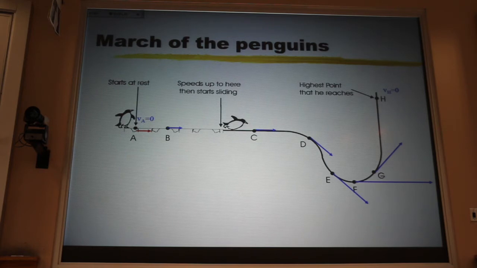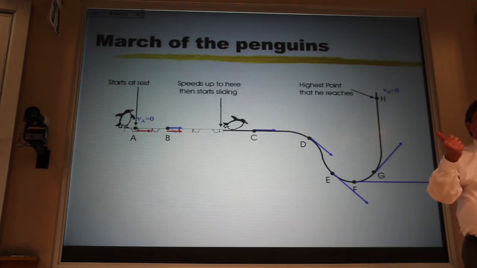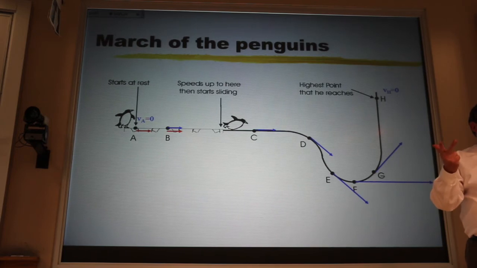At B, the penguin is speeding up in a straight line. That means the acceleration would be in the same direction as the velocity. At C, the penguin is not speeding up, not slowing down, not turning, the path is straight, and so that means that the acceleration is 0.